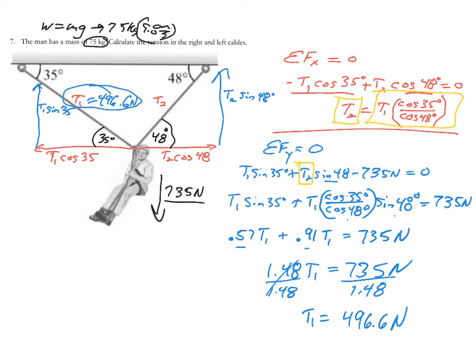And then, see this up here? I'm going to rewrite this over here. So T2 equals T1 times the cosine of 35 degrees divided by the cosine of 48 degrees.